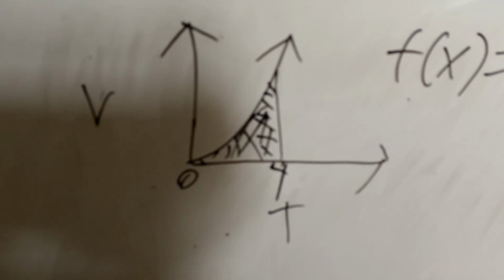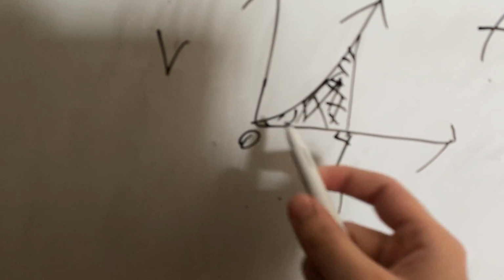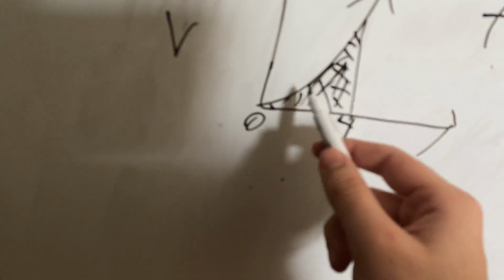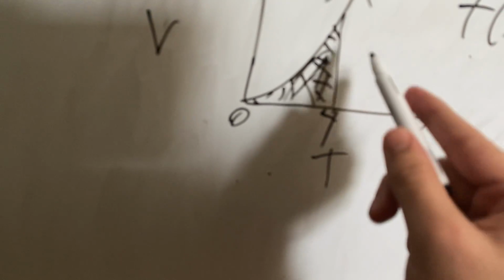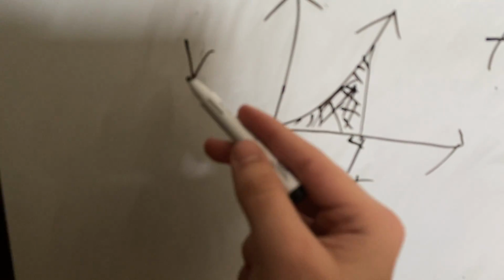Because what we're really saying here is that from 0 to 4, this variable, the total displacement, which is this shaded area, over time, or with respect to time, is what yields velocity. And just think of it like this.